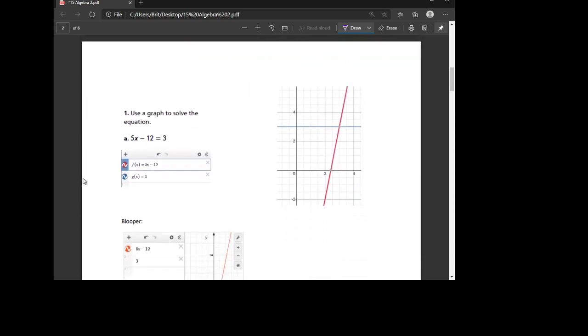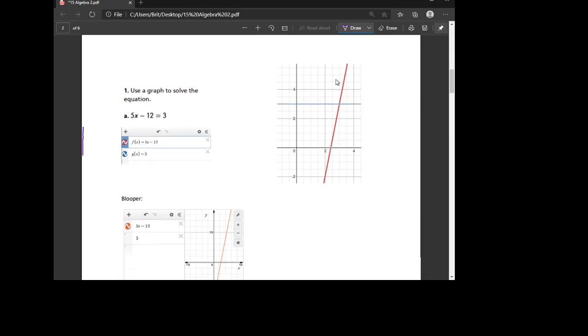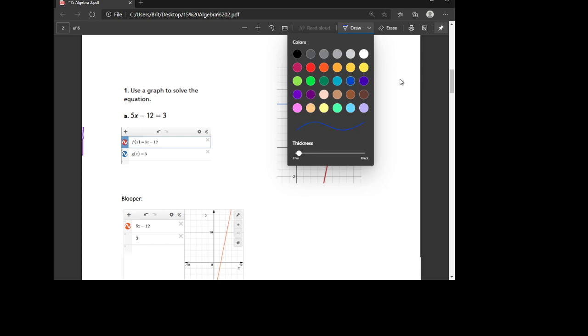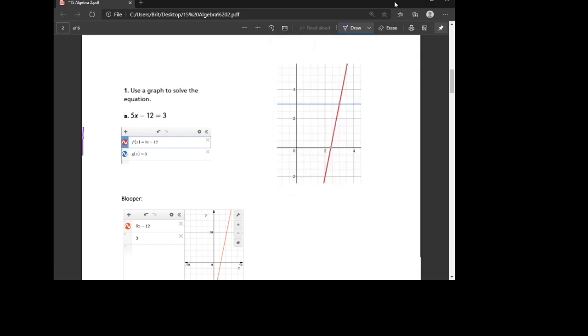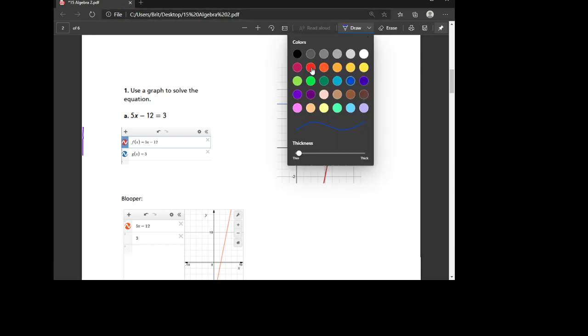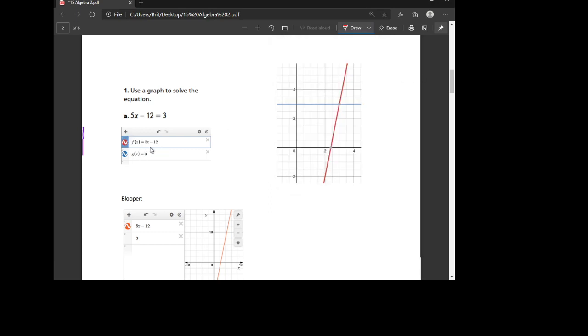Okay, now here's another one. This one's done on a Desmos graph. Whenever you see graphs that look similar to this, it's on Desmos. What I did was type it into the calculator. I said f of x is 5x plus 12. That's this red line.